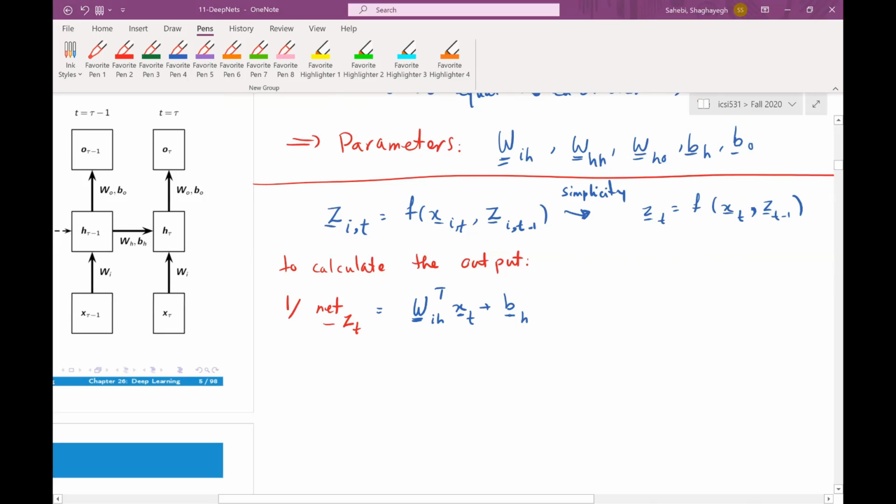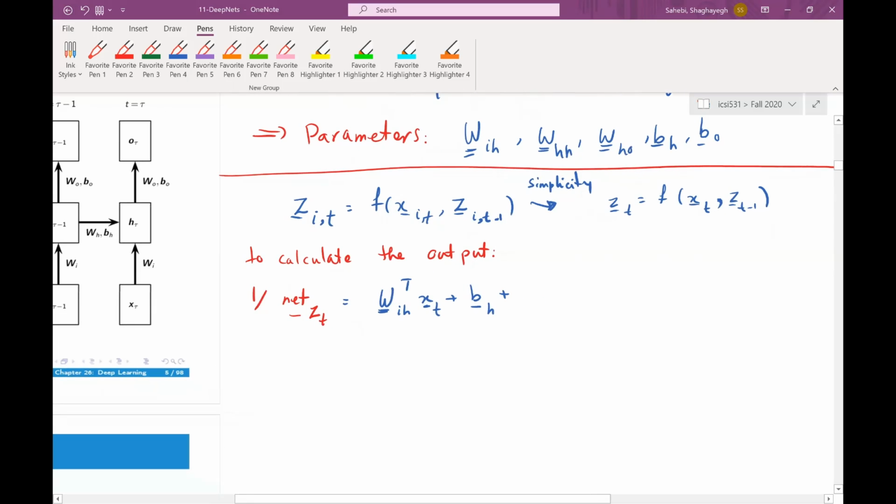This is similar to MLP, right? But also it depends on z_{t-1}, so with the set of parameters that is in W_HH, right? So matrix W_HH transpose z_{t-1}. So this is the value of net z_t for us.